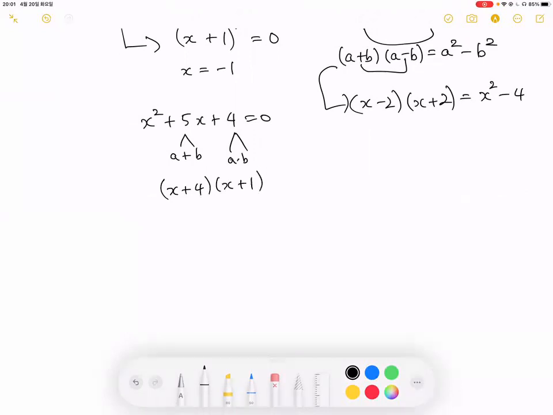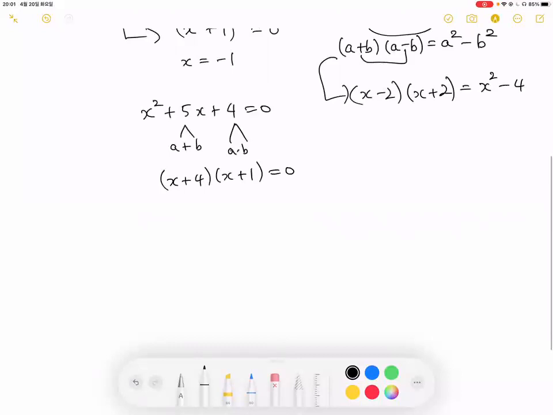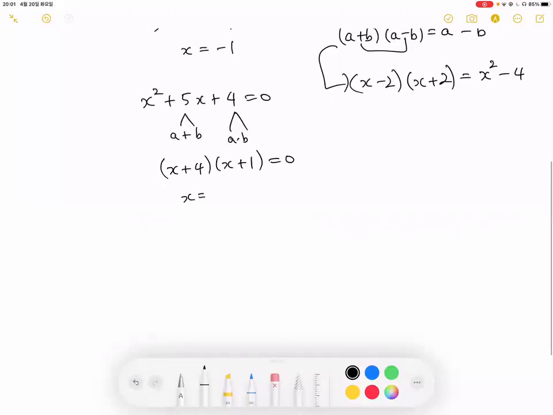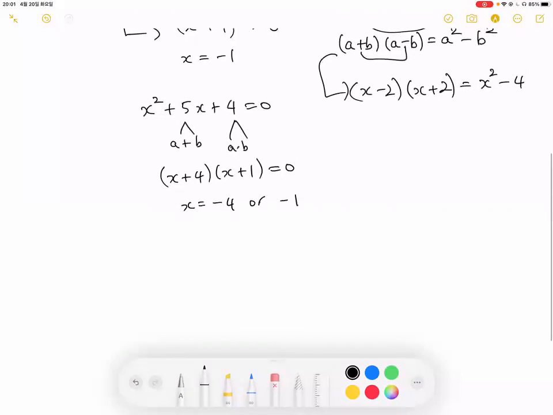Okay, so the answer to this would be x equals -4 or -1. So if you see a plus sign, that means it's a negative. If it's a negative sign, that means it's a positive, and we'll get into more examples like that.